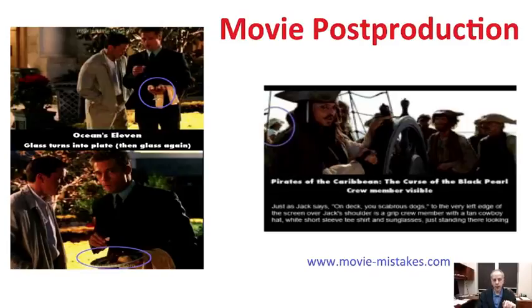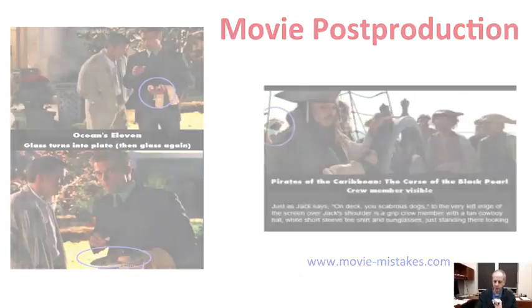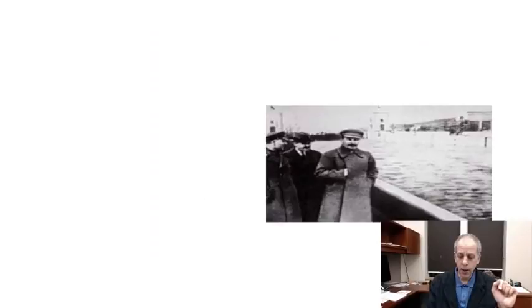But let's see a few additional examples, because sometimes we need to repair images and videos, not just for the movies. So for example, here is a picture that looks perfectly fine to us. It's actually a picture of Stalin. And so here we have Stalin. We see nothing wrong with this picture. The only problem with this picture, this is not an original picture.